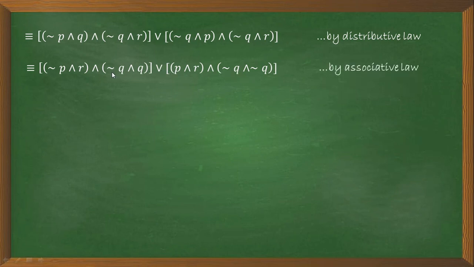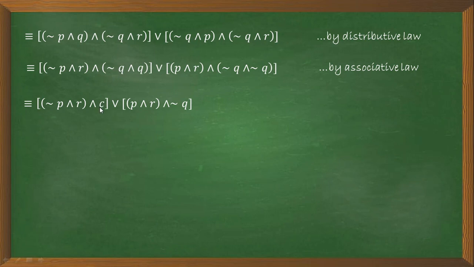Okay, so see this carefully. Here it is negation Q and Q where the complement law is applicable, and here it is negation Q and negation Q, so the idempotent law is applicable. So now by using both the laws we will get this step. So negation P and R as it is, and negation Q and Q is a contradiction or false.